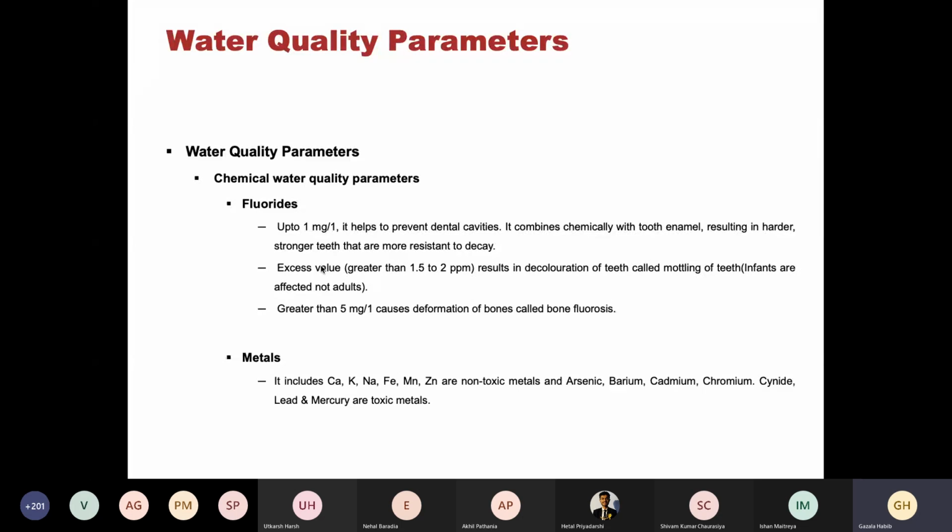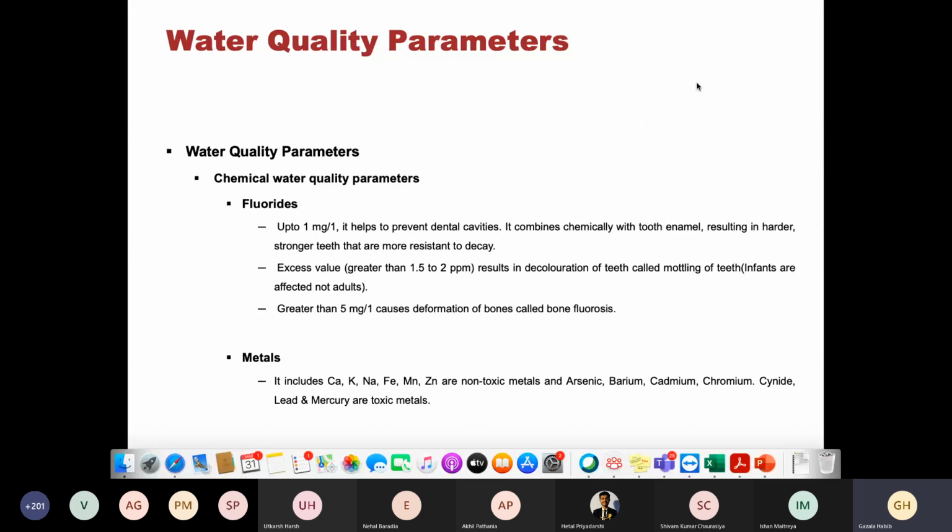Fluoride up to 1 mg per liter helps to prevent dental cavities. It combines chemically with tooth enamel, resulting in harder, stronger teeth that are more resistant to decay. However, excess fluoride is not desirable because excess fluoride results in discoloration of the teeth and even mottling of the teeth.